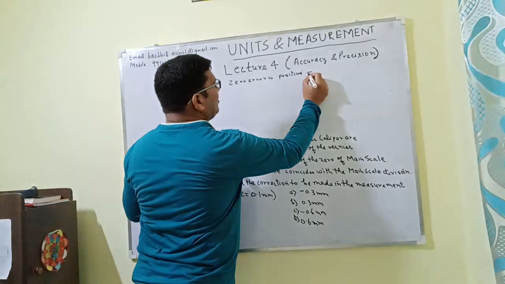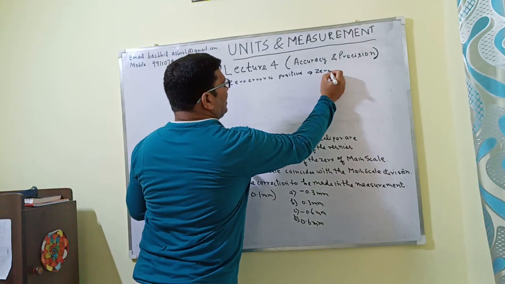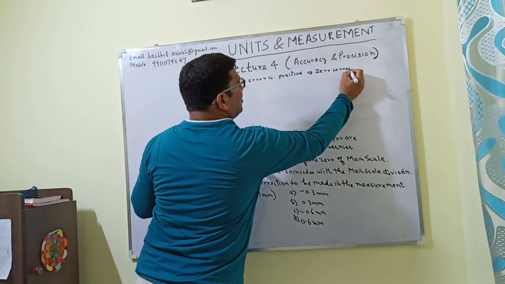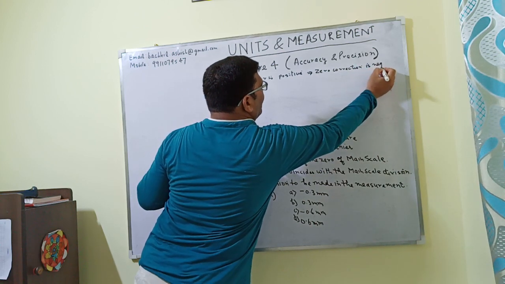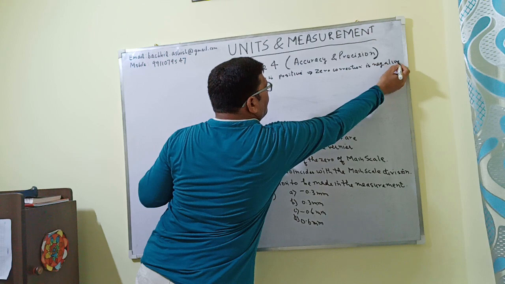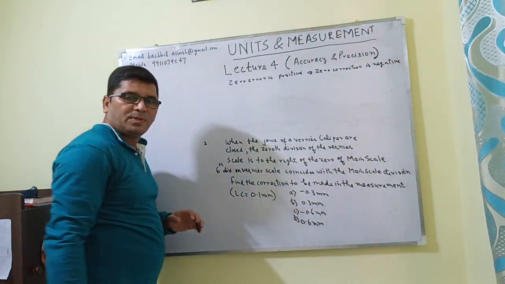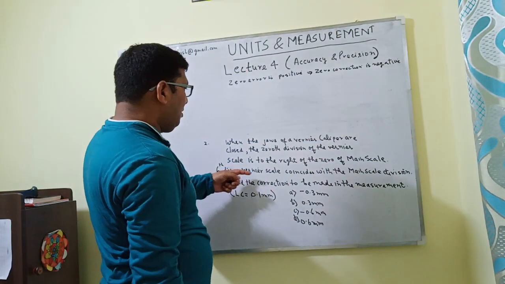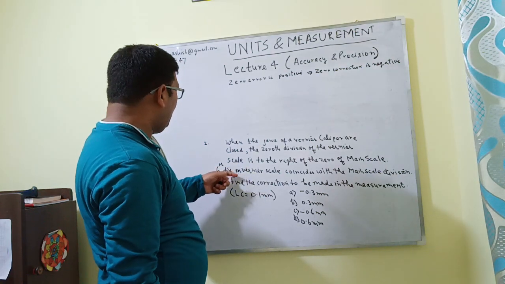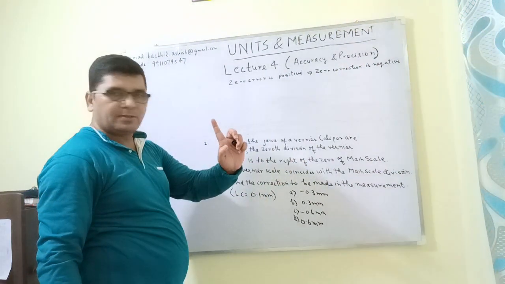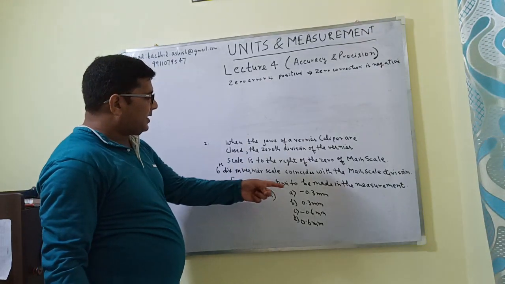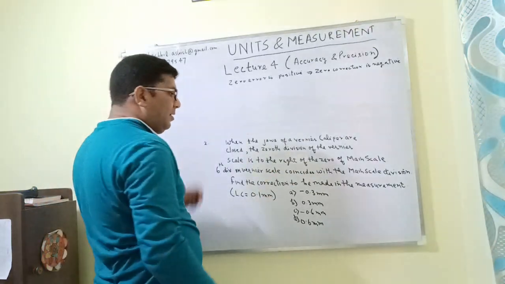It implies that zero correction is negative. Okay. Now, sixth division on the Vernier scale coincides with the main scale division. Find the correction to be made in the measurement.